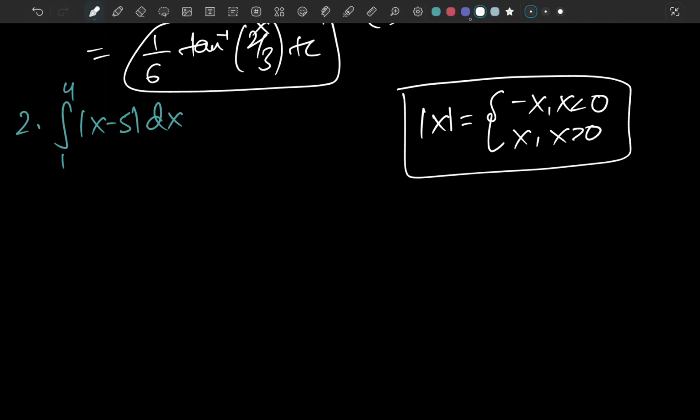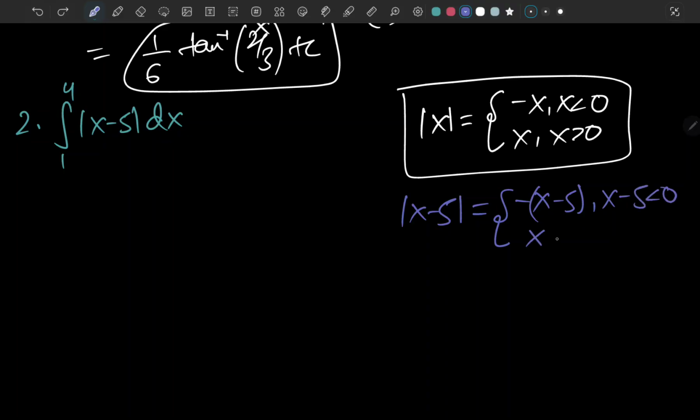Okay, and now our function is |x minus 5|. So let's replace that x with x minus 5. So this becomes minus (x minus 5) for x minus 5 less than 0, and plus (x minus 5) for x minus 5 greater than 0.